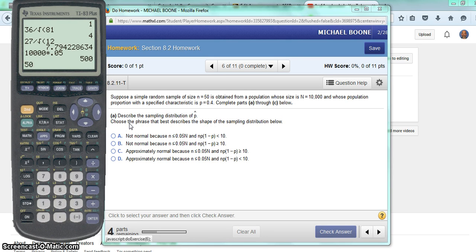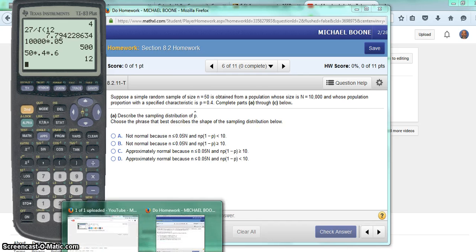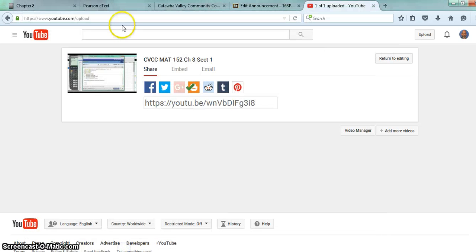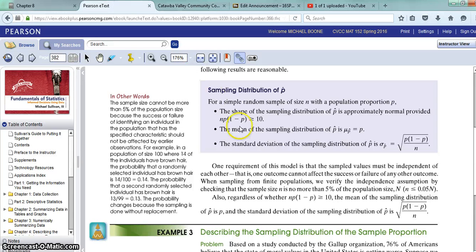So if we have 50, we multiply that times 0.4, and then 1 minus 0.4 is 0.6, we get 12, so we get something that's greater than 10. N times p times 1 minus p has to be greater than or equal to 10.